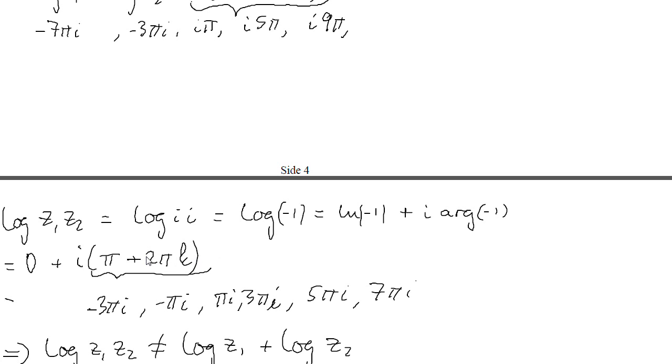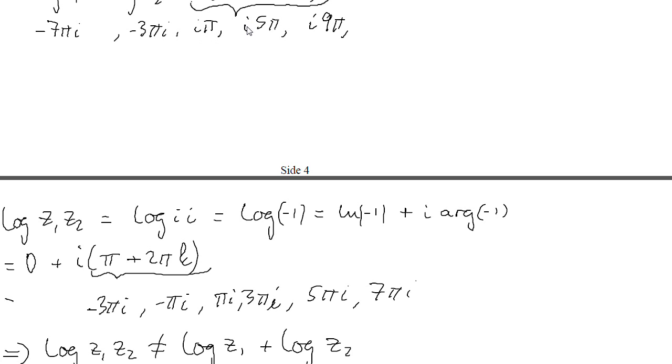So let's consider, similarly as above, what type of values this could be. K equal to 0, then we obtain this value, k equal to minus 1, this value, k equal to minus 2, this value, k equal to 1, this value, k equal to 2, this value, k equal to 3, this value. Now, let's compare this set of values with this set of values.